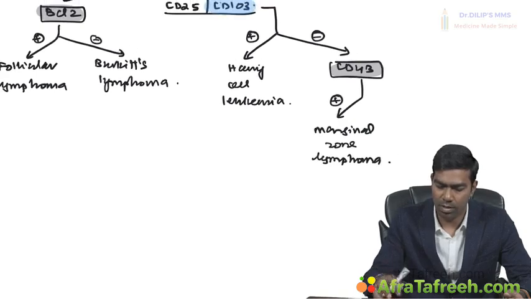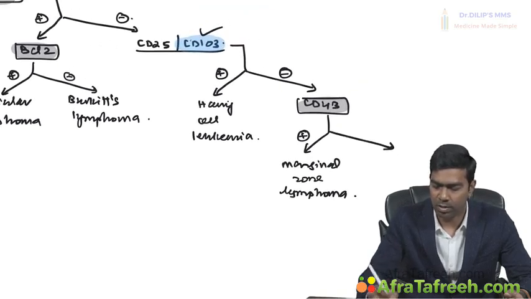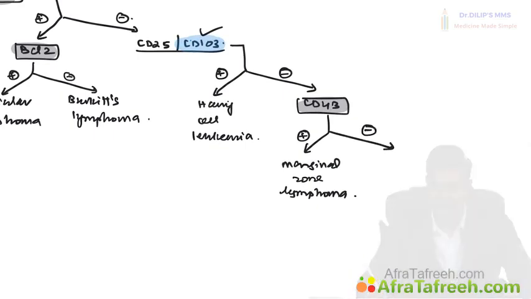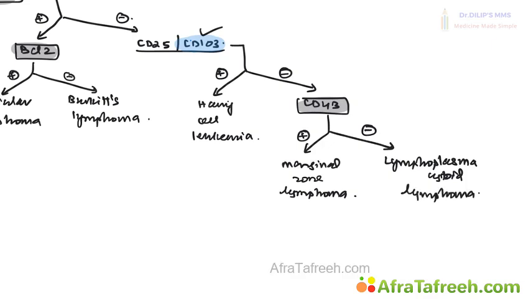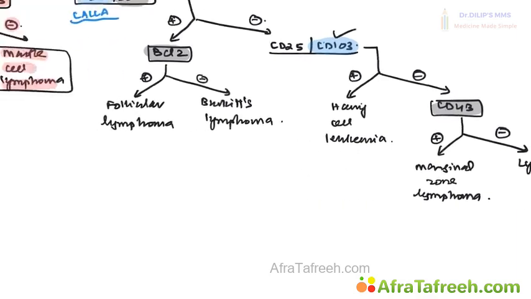Marginal zone lymphoma. So if CD43 is negative, then you can go for lymphoplasmacytoid lymphoma, or lymphoplasmacytic lymphoma. That's what CD43 negativity means. So this is the entire algorithm.